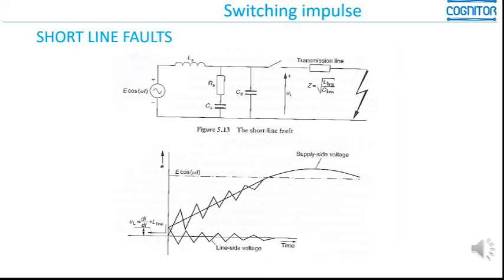Here is an example of interruption of capacitive circuits, the case of short line fault, where you have some capacitance and a small value of inductance in the circuits. Remember that I showed minutes ago an equation for the frequency of the transients, depending on the reactances, the inductance, the capacitance, and resistance.